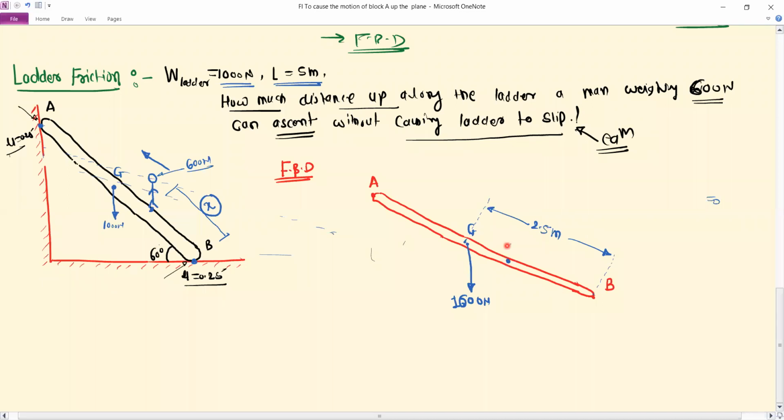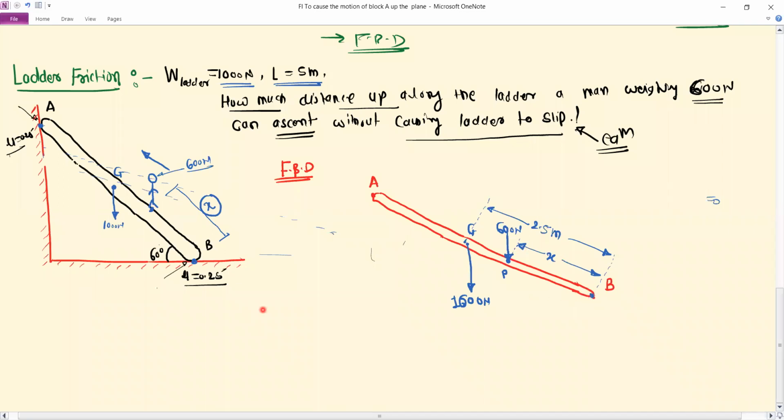We have to consider the weight of that person, which is equal to 600 Newton. Let us take this point as point P, and this distance, along the ladder, is equal to x with respect to point B.